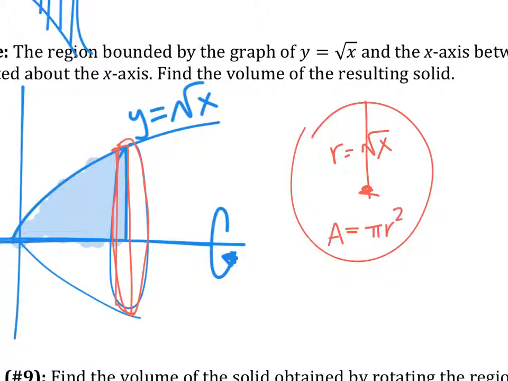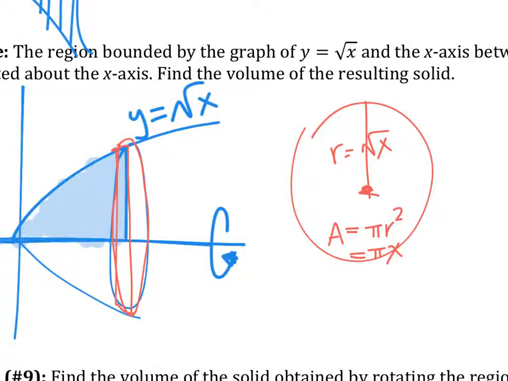Pi r squared, right? So that is pi x. The surface is just pi x. We're now going to integrate along the x-axis and then take all that surface area and add it all up.